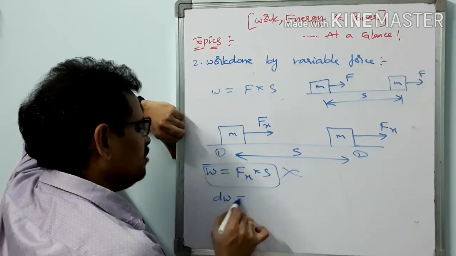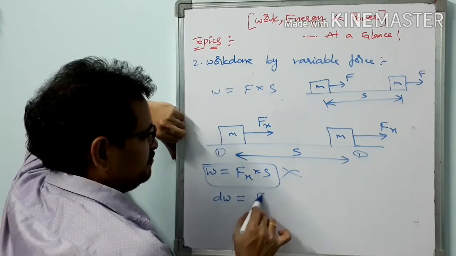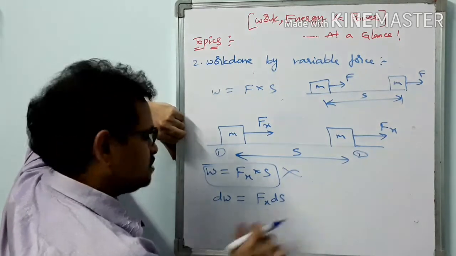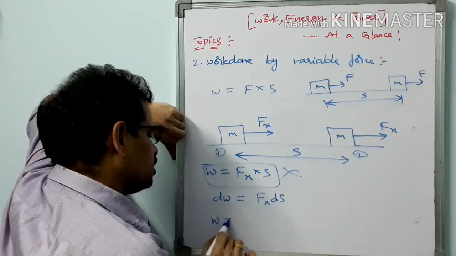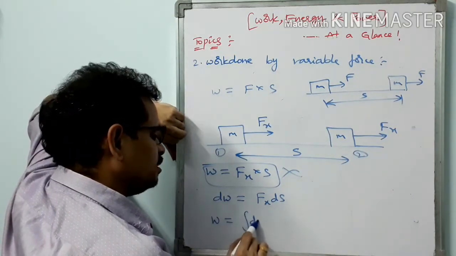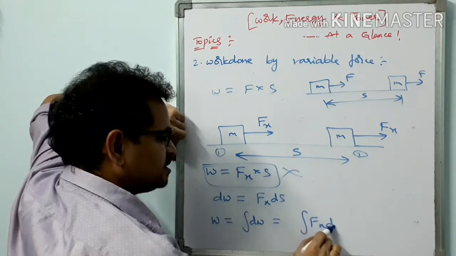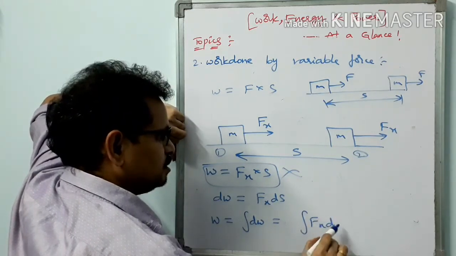So in this case, let us find dW equal to Fx ds. ds is an infinitesimally small displacement here, and total work done W is equal to integral dW, that is equal to integral Fx ds.